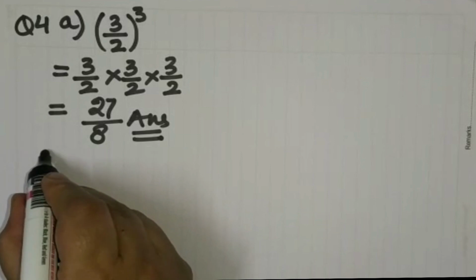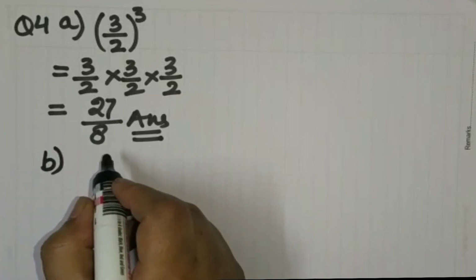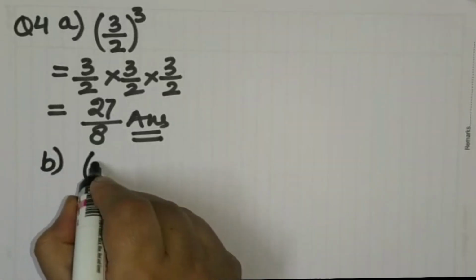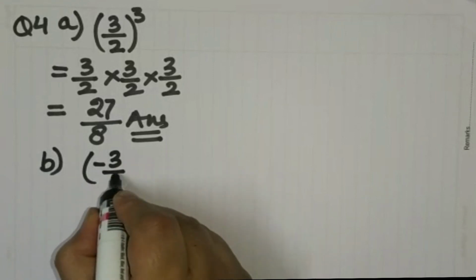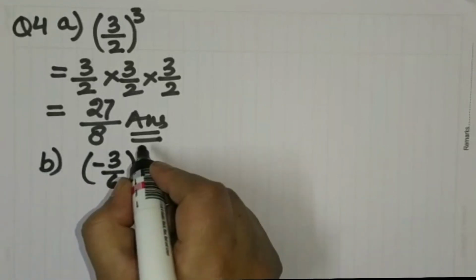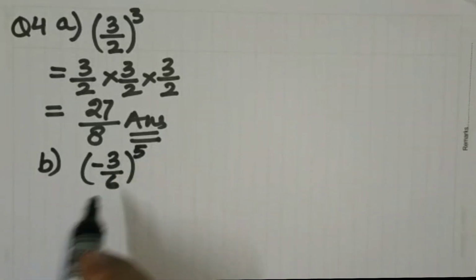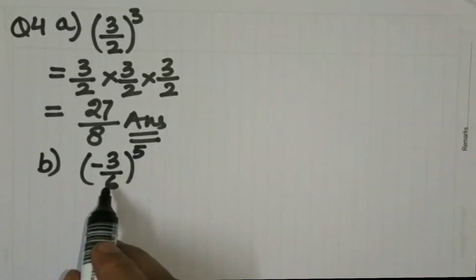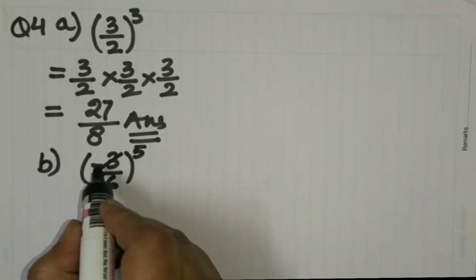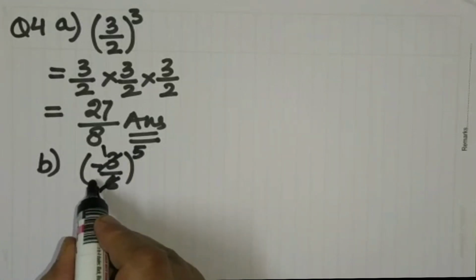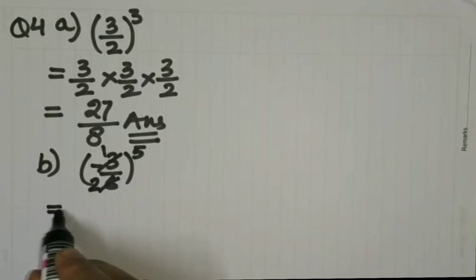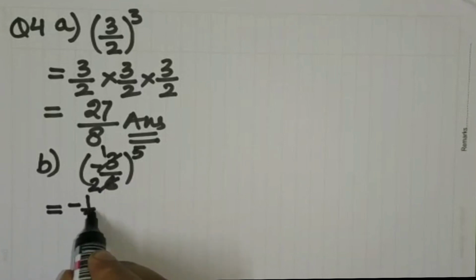Now B part, minus 3 upon 6 raised to power 5. So here 3 upon 6, 3 is a factor of 6, so 3 1s are 3 and 3 2s are 6. So here base is minus 1 upon 2.